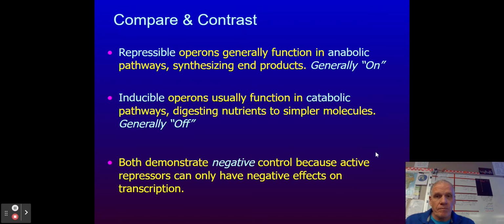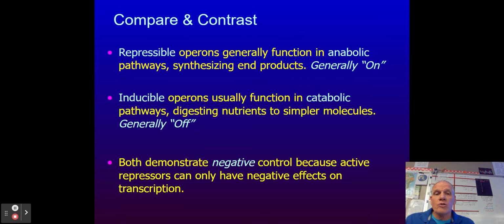Okay. All right, so you should be able to compare and contrast repressible and inducible operons. As I said earlier, repressible operons are generally on and they're playing a biosynthetic role. They are making things, and usually the things that they are making are necessary for the function of the cell.